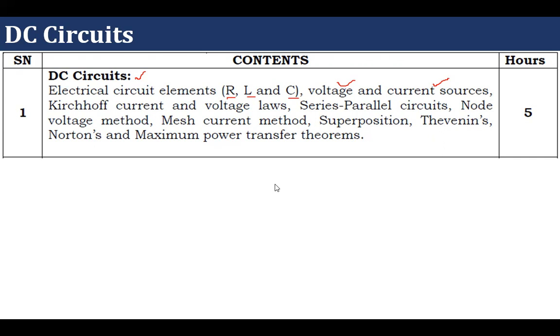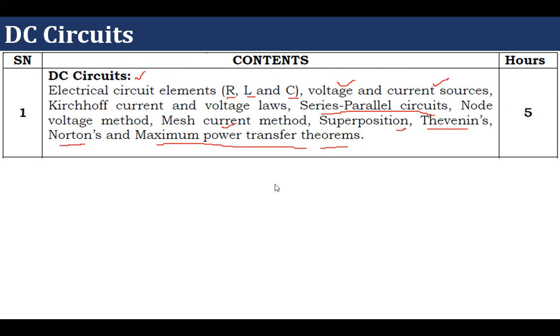Then we have to see series and parallel circuits. Then we have to go through different circuit analysis methods like nodal analysis method, mesh analysis method, superposition, Thevenin theorem, Norton theorem, and maximum power transfer theorem.